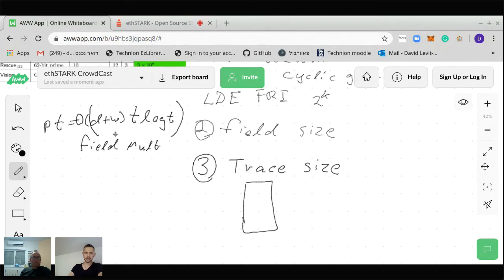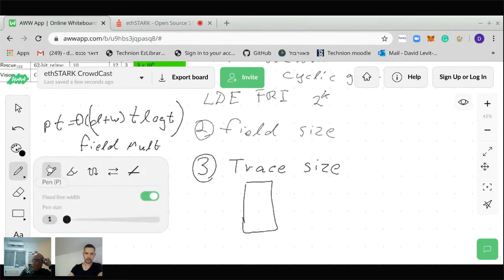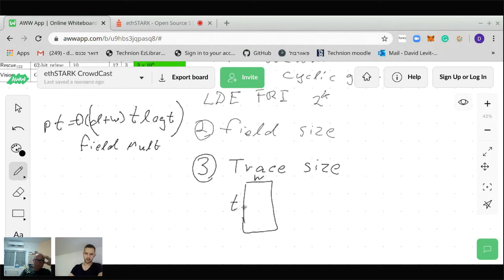So D is the degree of the algebraic representation. We will talk about it, and then we have W and T, where W is the width of this trace and T is the length of this trace.